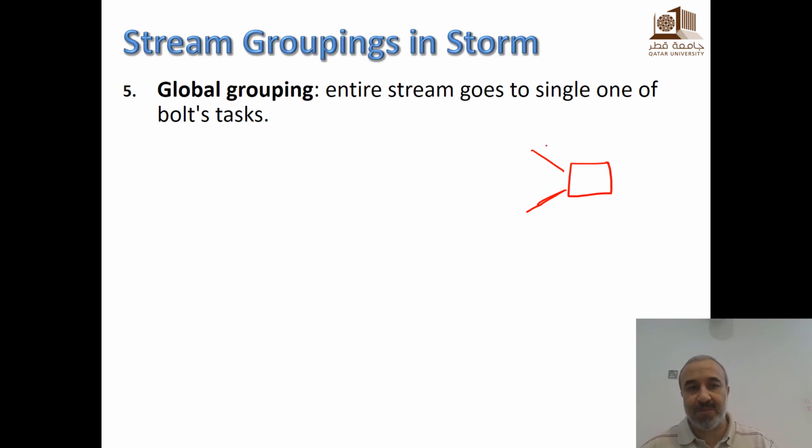So that stream might be global, that stream might be shuffle, which is the random one. They don't have to be all global. That depends on the application. You can invent your own way. The API gives you this flexibility. Okay, clear?